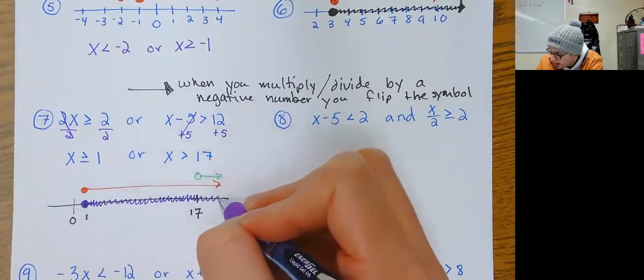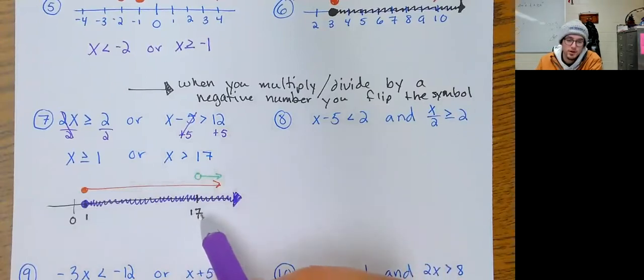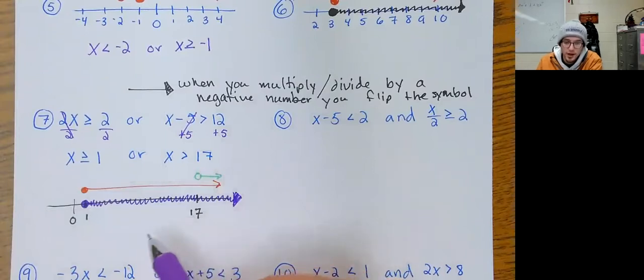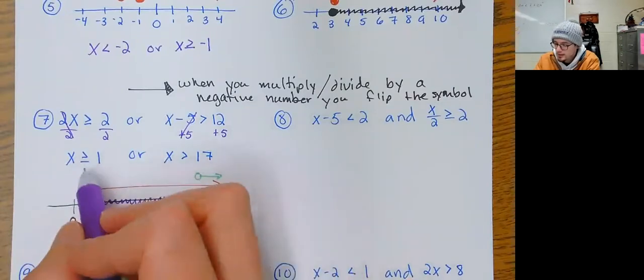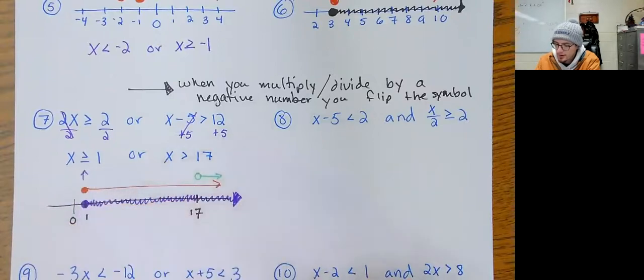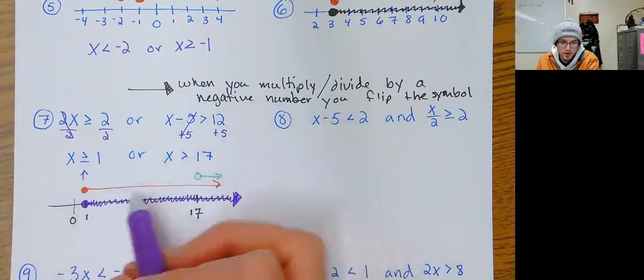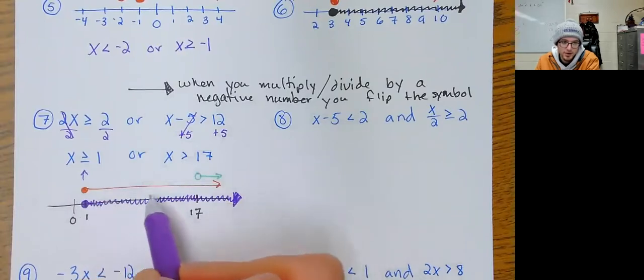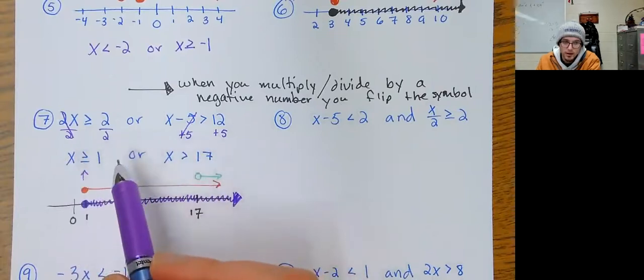And then starting at 17, anything greater than 17, it starts to work for both of them. But starting at 1, it at least works for this one. And then starting here, it works for that one. But this graphs solutions that would work for this compound inequality.